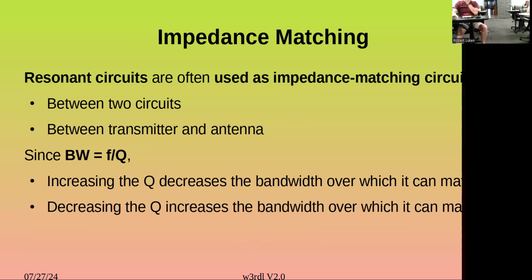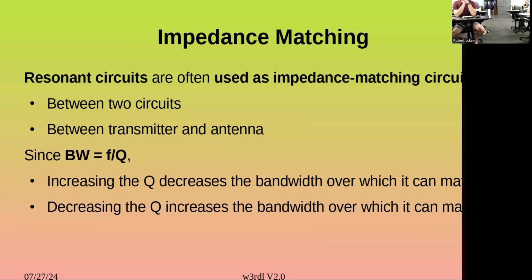And because we just learned that the half power bandwidth is the frequency divided by the Q of the components of the circuit, as you increase the Q, the bandwidth decreases. In other words, the half power bandwidth narrows. And as you decrease the Q, obviously it gets wider. If you had a Q of 1, then basically it's going to be flat across the spectrum.